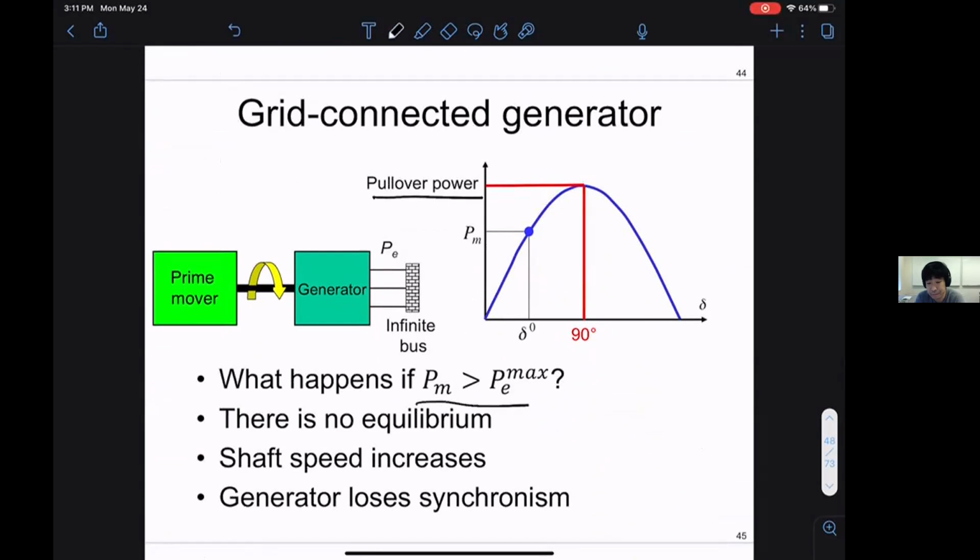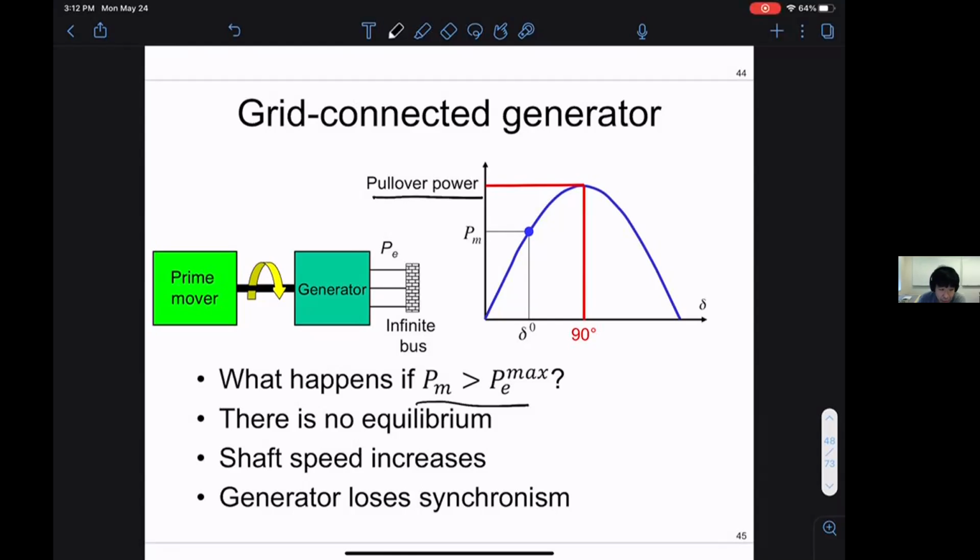If you choose a PM, mechanical power, that is more than the maximum electrical power you can produce, then bad things happen. This mostly happens in wind turbines. That's why it's important to have pitch control, to make sure the mechanical power coming into the generator is much less than the maximum power you can send to the grid, because of stability issues.